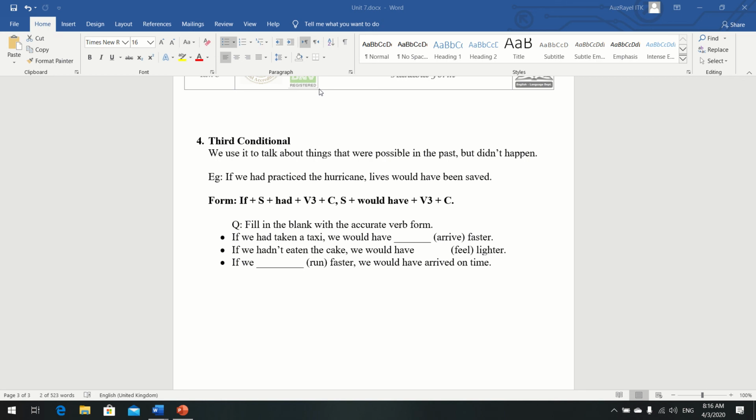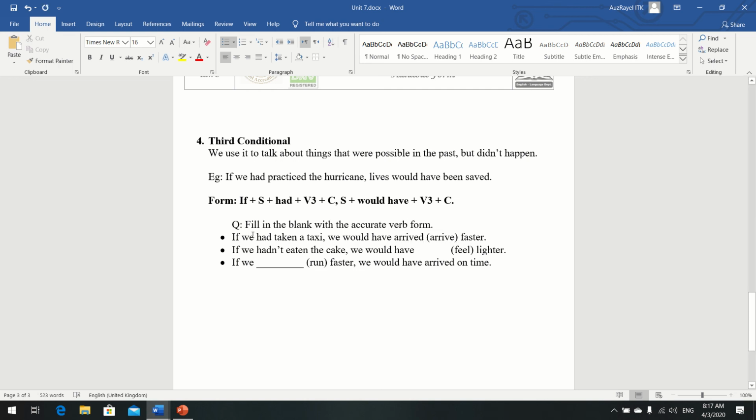Okay, so the form of the third conditional is if subject had verb 3 complement, comma, subject would have verb 3 plus complement. So if we had taken a taxi, we would have arrived faster.